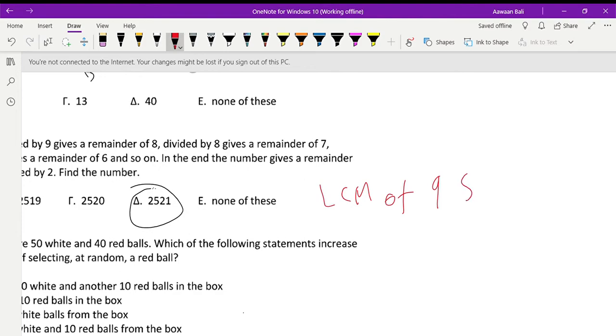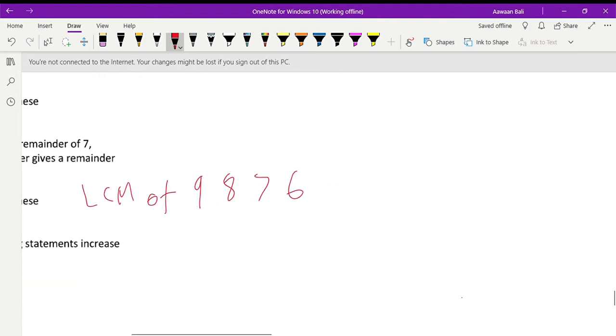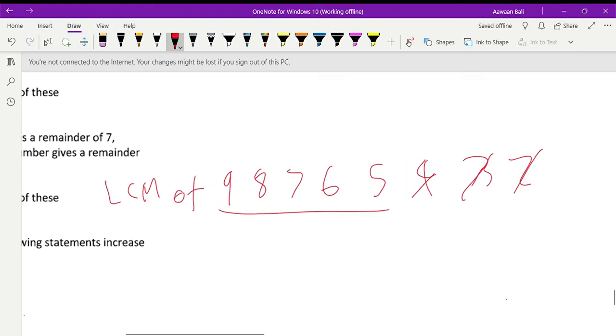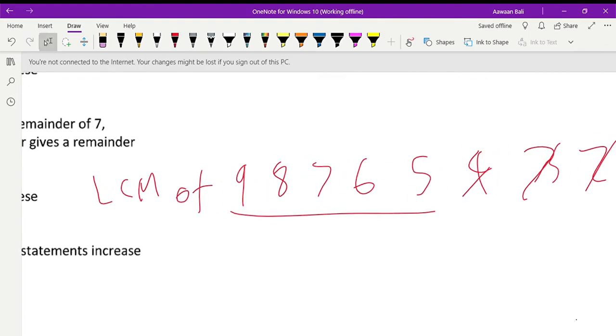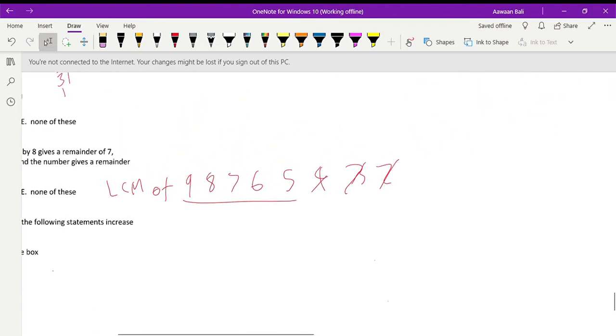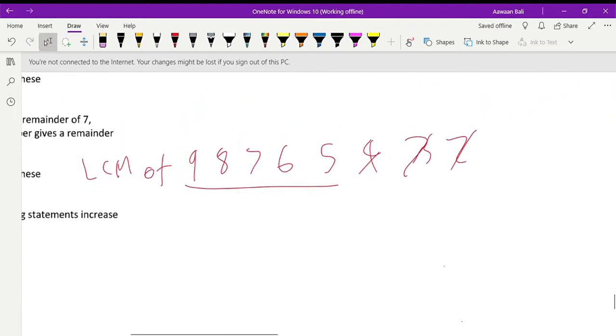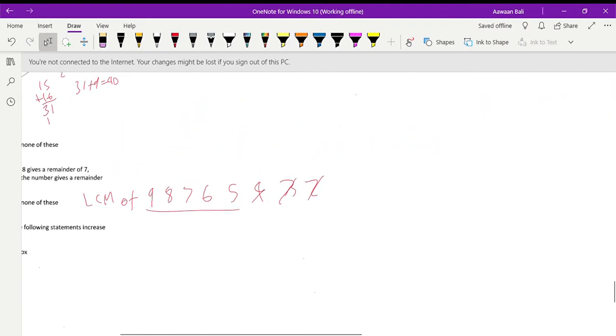So 9, 8, 7, 6, 5, 4, 3, 2. And then you can take this away because of the 4, take this away because of the 6, take this away because of the 8, and that's all. We're taking the LCM of this. So the LCM of 9, 8, 7, 6, and 5.